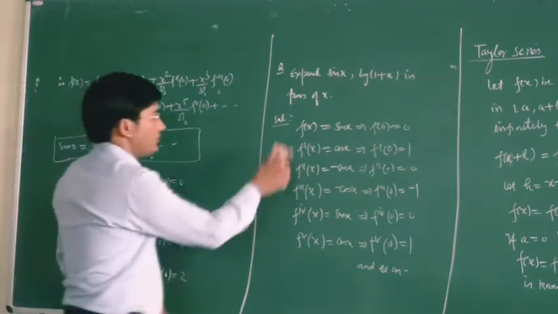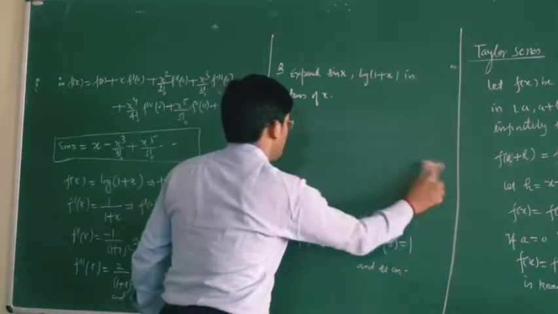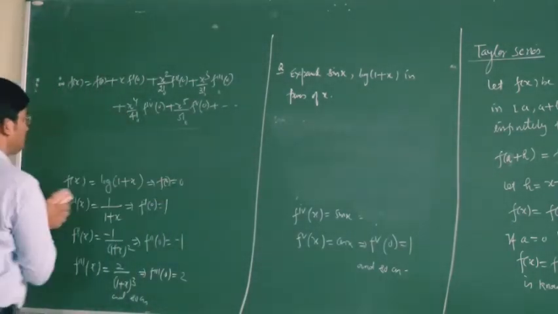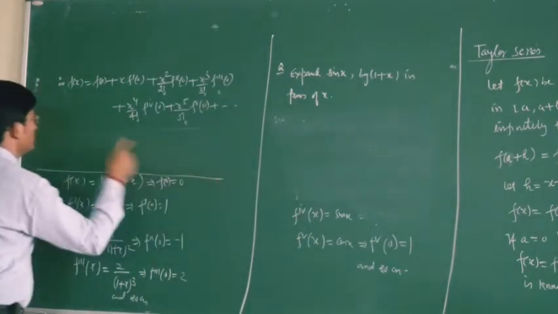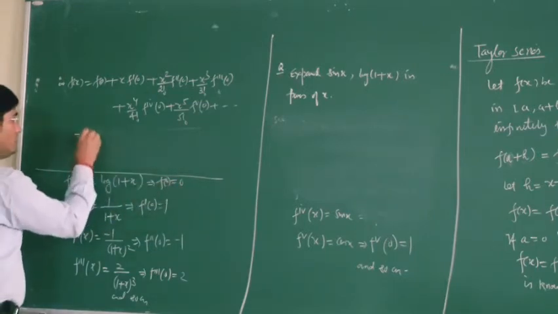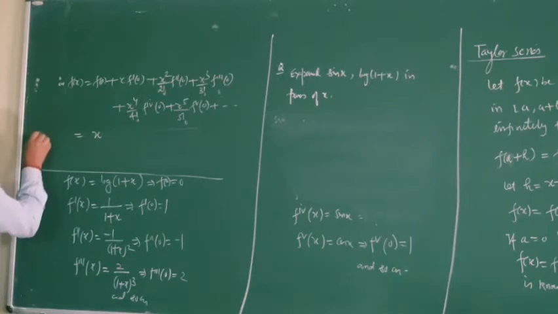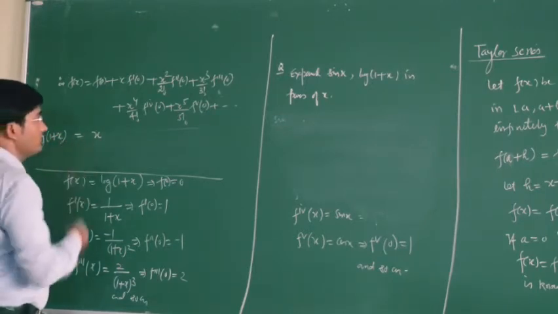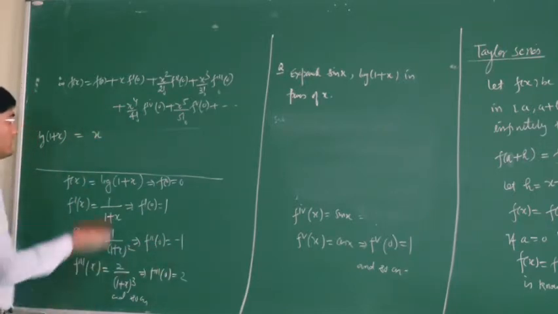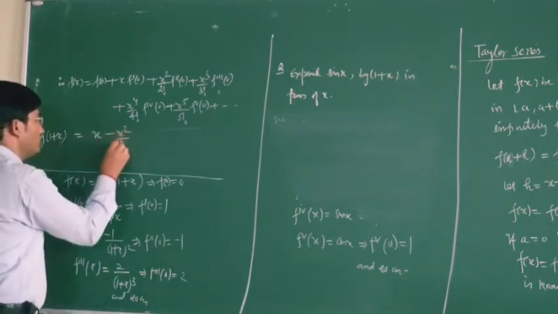So from here you can see that your Maclaurin series will be now f(0). f(0) is 0, so the first term is 0. So in the left hand side, f(x) is your log(1 plus x). Then we have x. Your double derivative is minus 1, so the next term will be minus x square upon 2.